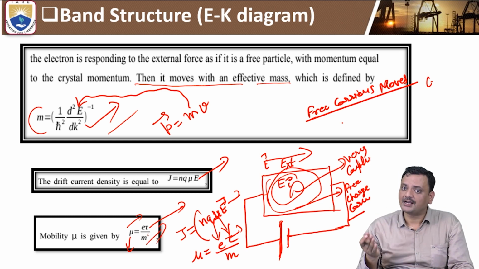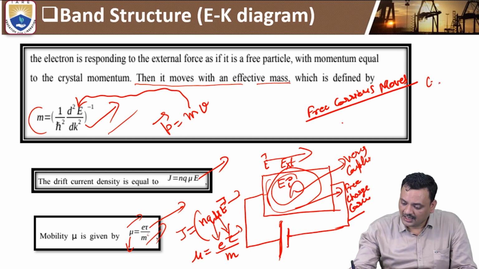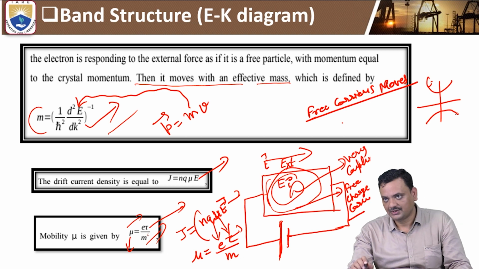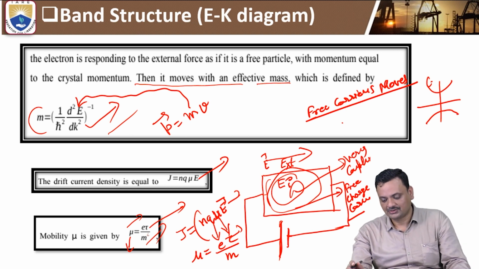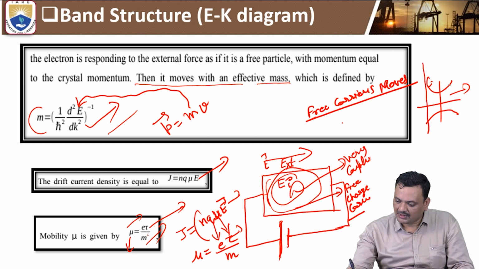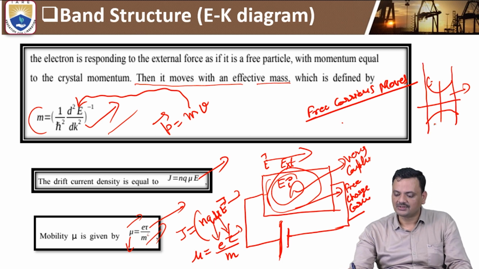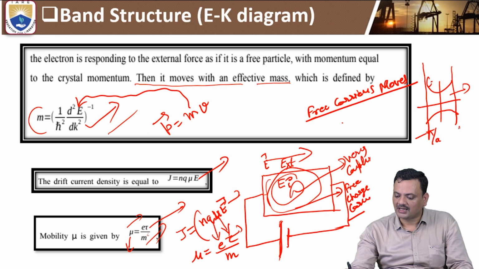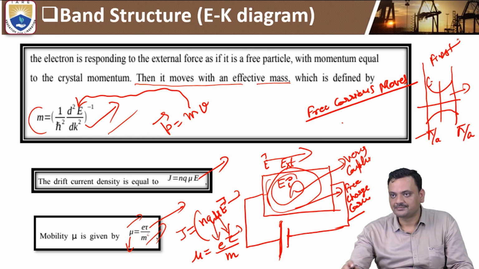How will you get the effective mass? It will be calculated from the EK diagram. That is the importance of the EK diagram, and specifically this portion between minus pi by a and pi by a, the first Brillouin zone.